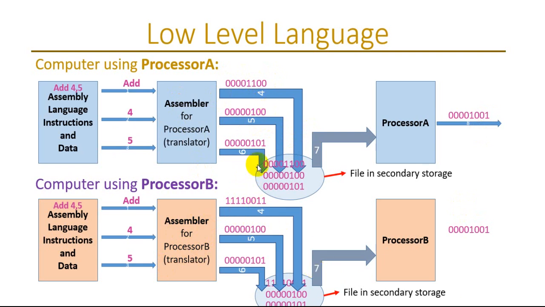Okay, so the machine language version of A is here, the machine language version of B is here. So B will take from here and execute, A will take from here and execute. Now if you try to give this to B, B will not understand that because this instruction set is meant for A. So that is why it's processor dependent.